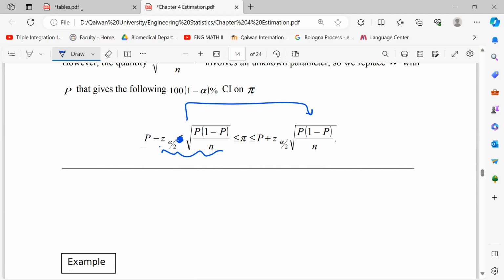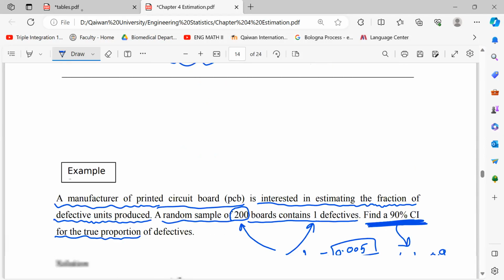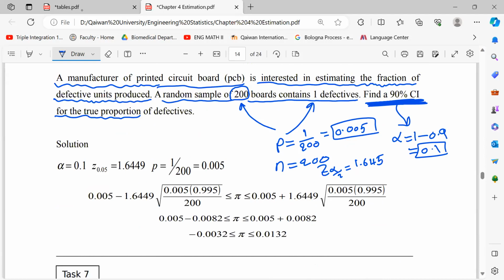So look at the example. This is P minus this is Z of alpha over 2, then this is the square root. In the square root we have P times 1 minus P. Calculate this.